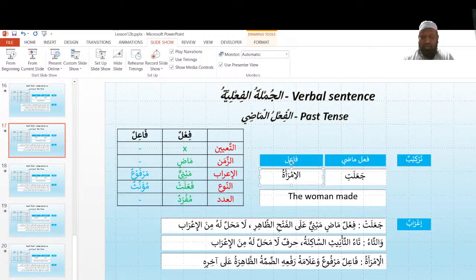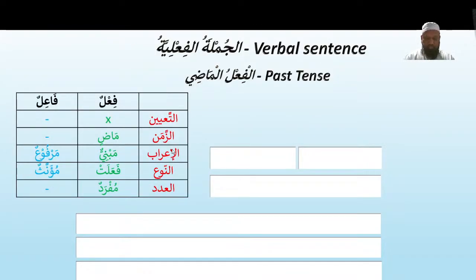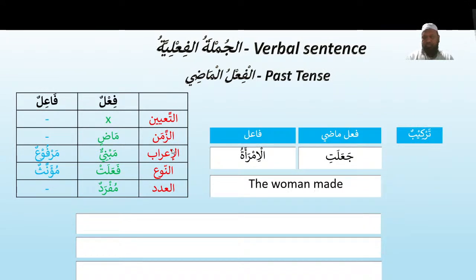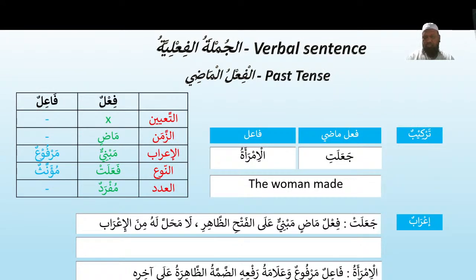So ja'alatil imra'atu. Put the sukun back on the lam. Ja'alat. Okay, so this is how we do the i'rab.